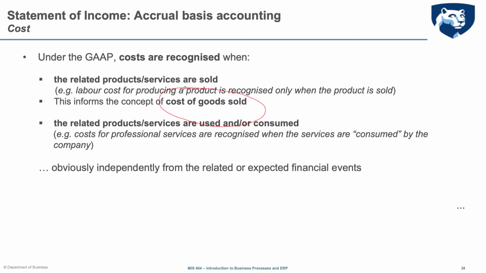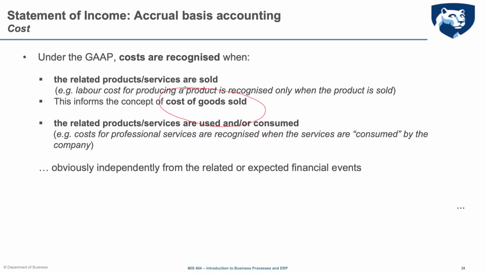Or when a related resource, for example energy, is consumed. Once it's consumed, the cost is done and it appears in the income statement. Again, no matter if there is an actual cash out. That's a financial event. Accrual basis accounting works only with economic events.